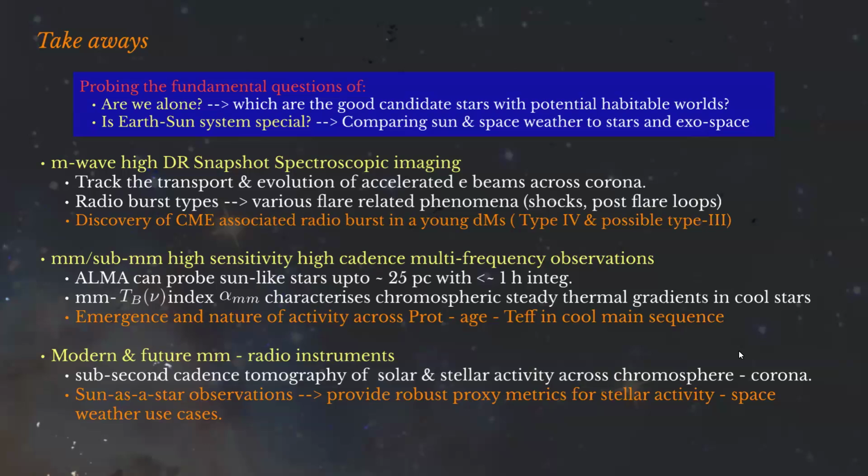And with millimeter imaging, I already showed you how and where the activity evolves, probably in the cool main sequence. We are still observing different types of stars to understand how the activity is different, how the chromospheric response is different during quiescence and activity as opposed to solar-like stars. Yes, and thank you.